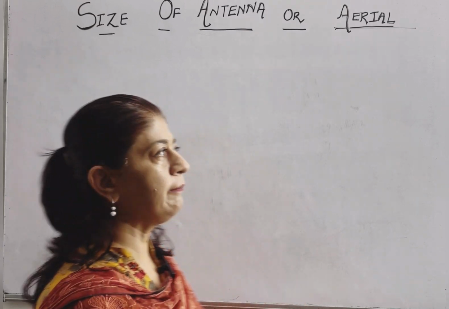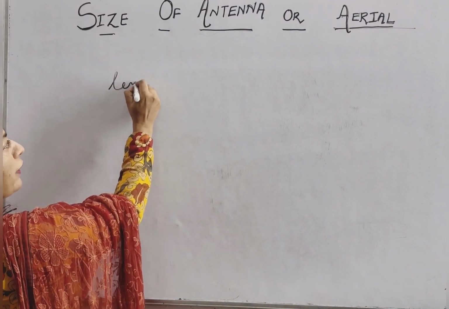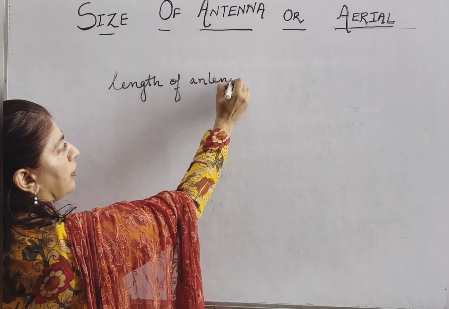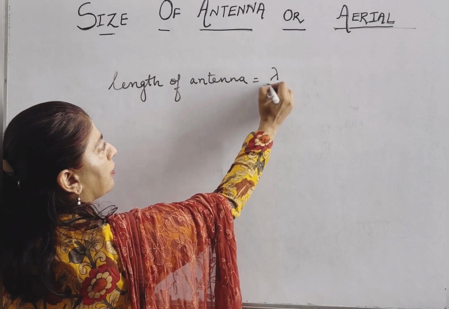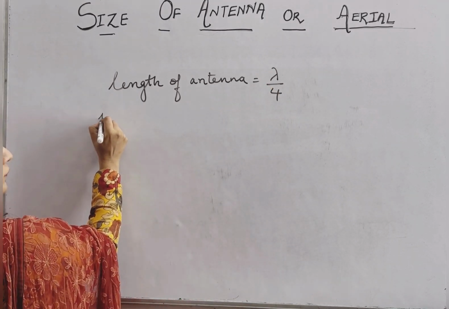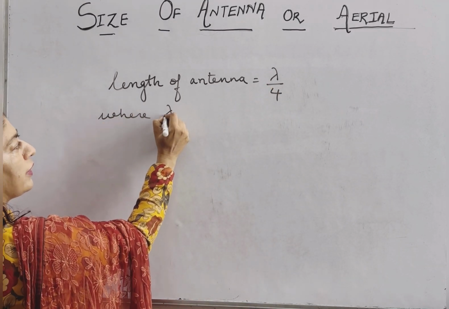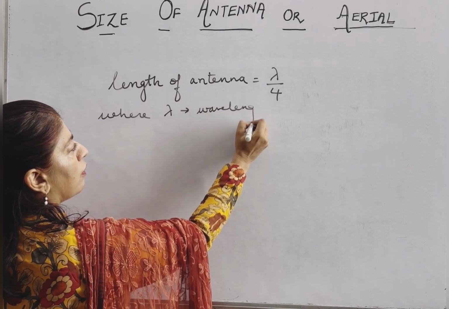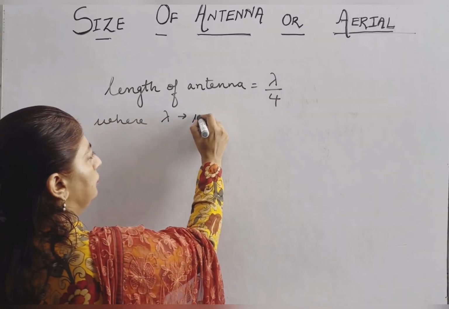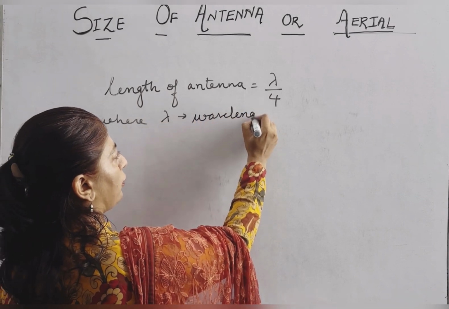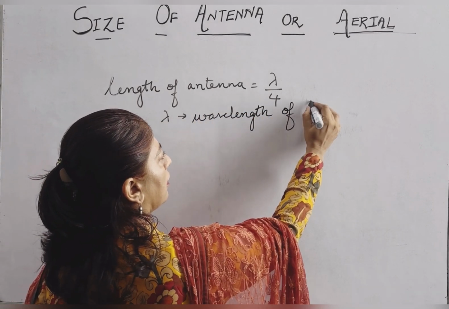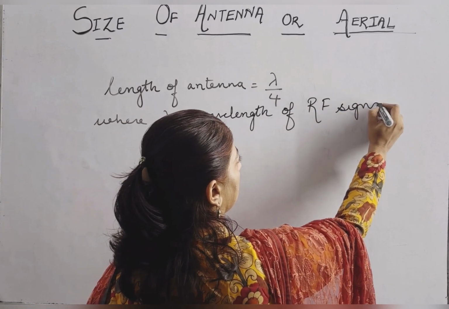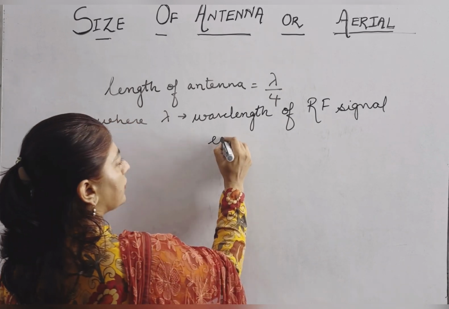It means that the length of antenna is equal to lambda by 4, where lambda is the wavelength of the radio frequency signal employed in the circuit.